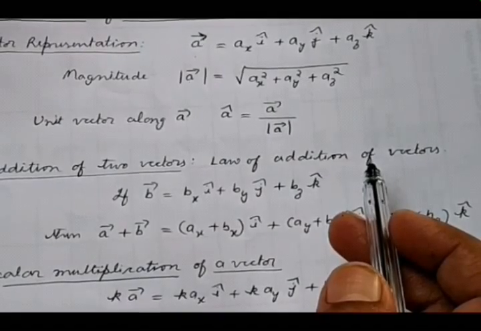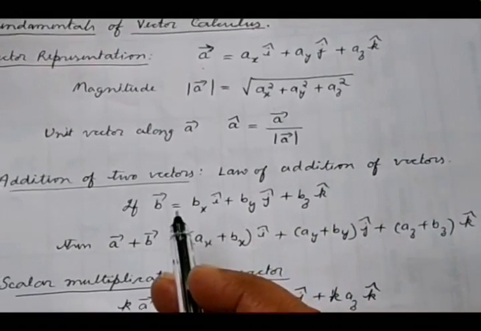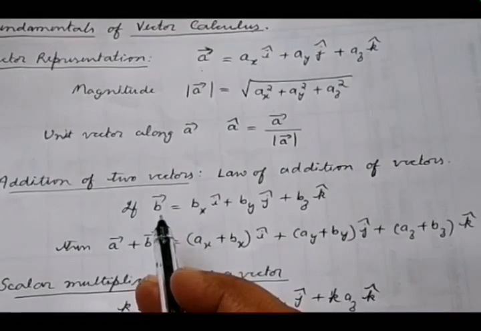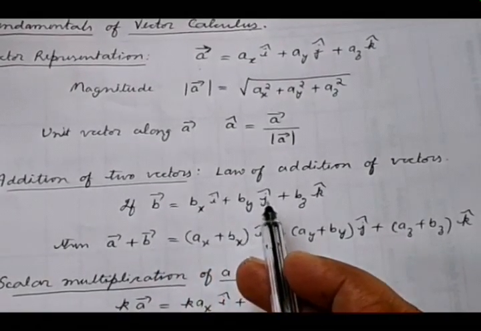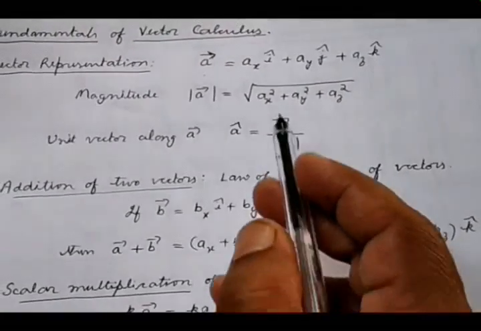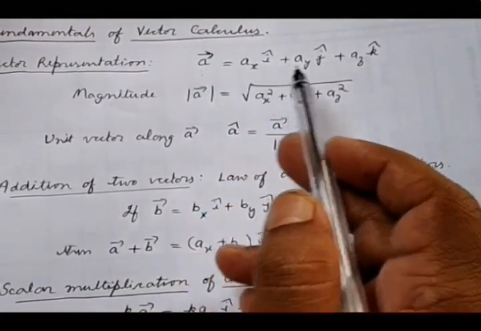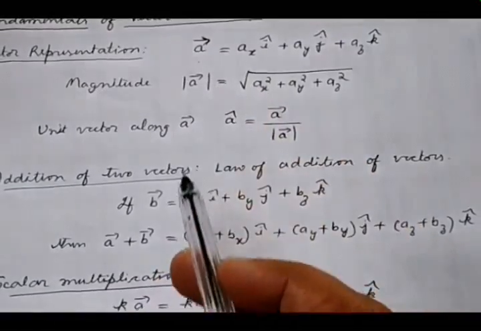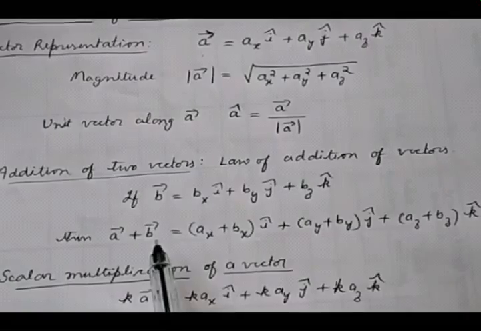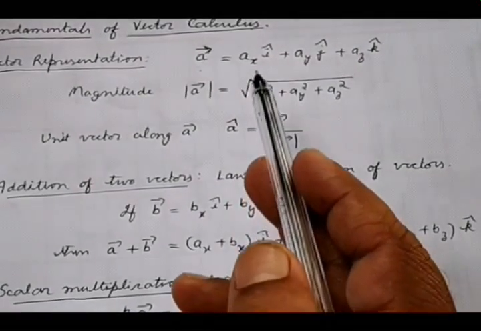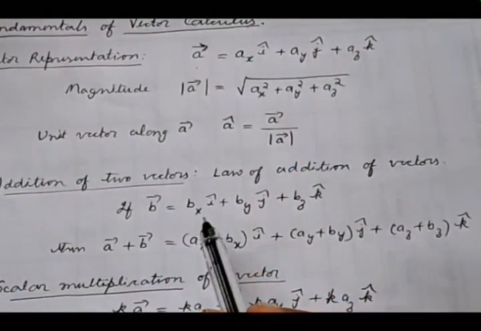In the algebraic method, how do you do it? So let us consider another vector, say B bar, given by bx i cap plus by j cap plus bz k cap. The first vector is A bar. Now you have to add these two vectors, let's say. Then A bar plus B bar is simply given by the sum of the x-axis component.